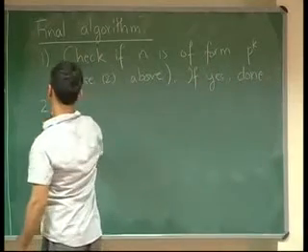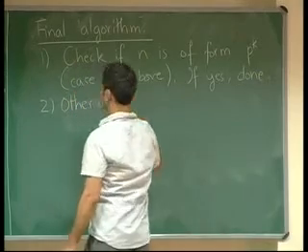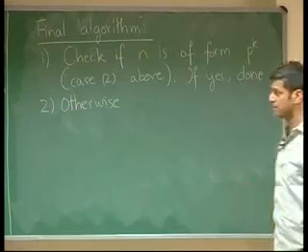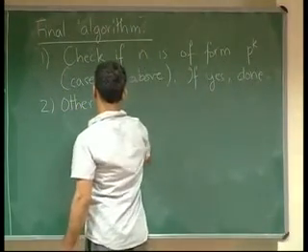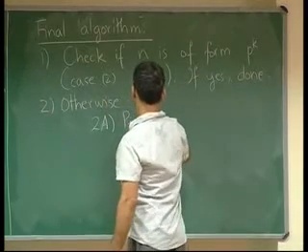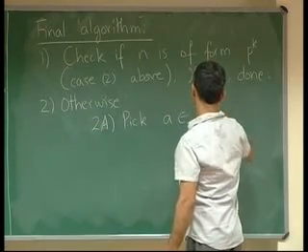And otherwise, we are in case 3. We'd like to find one non-trivial factor of n. You pick a from Z star n uniformly at random.